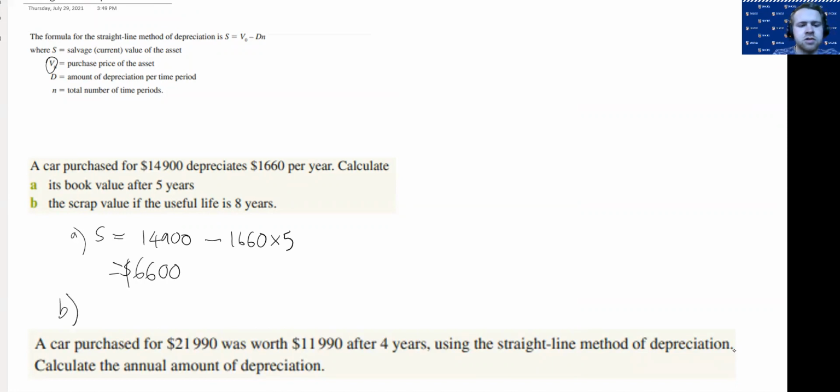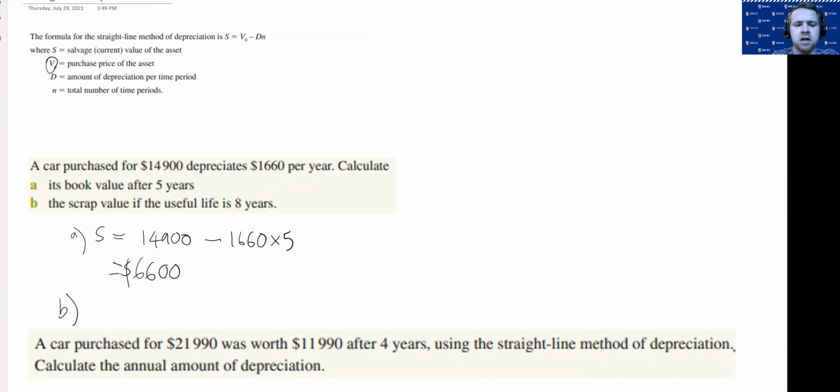What's the scrap value if the useful life is 8 years? Okay, so basically we're trying to find what is the value after 8 years when its value kind of stops, and so it's no longer useful as a car. Let's say the car's broken down, but you can still sell it for parts.